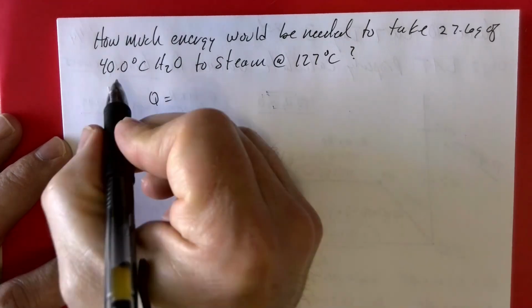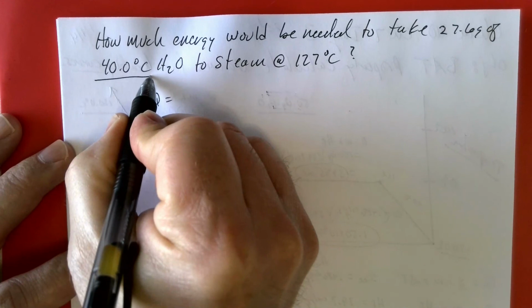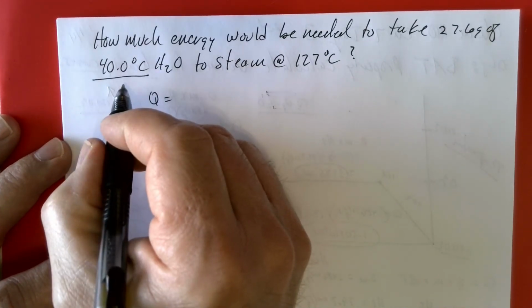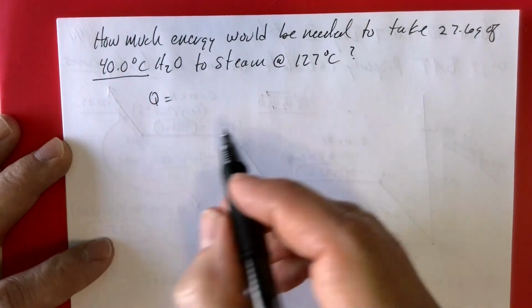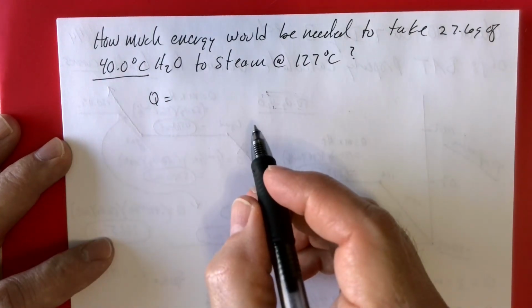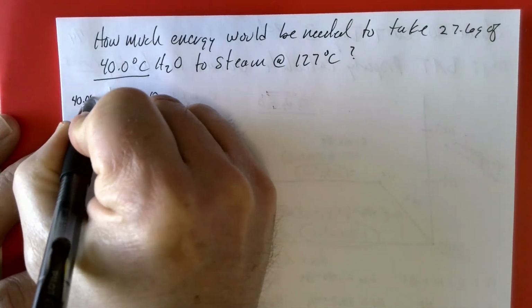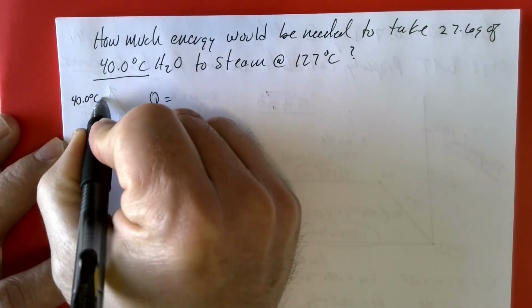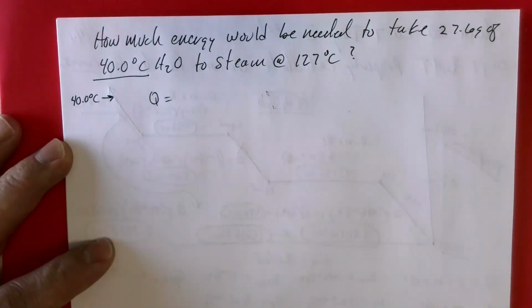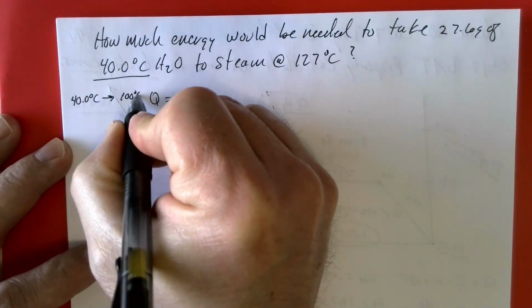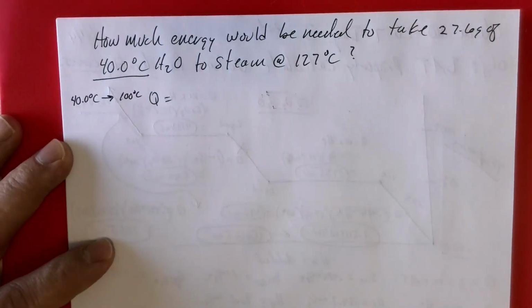Look, I'm starting at 40, correct? Before I can convert this, I've first got to get it to where? I've got to go from 40 degrees up to 100 degrees first, before I can convert. You see what I'm saying?